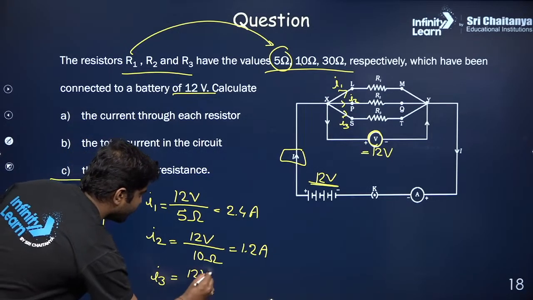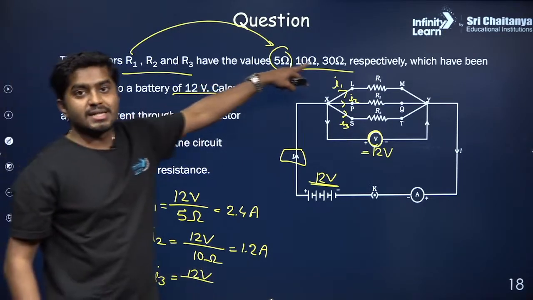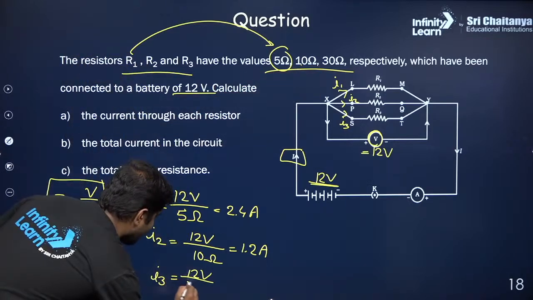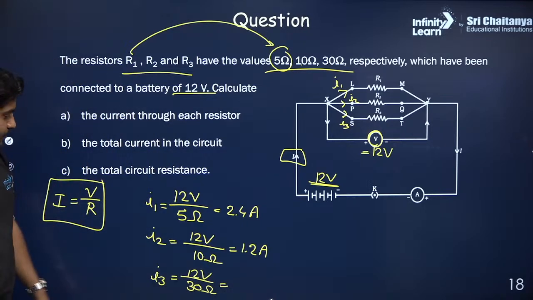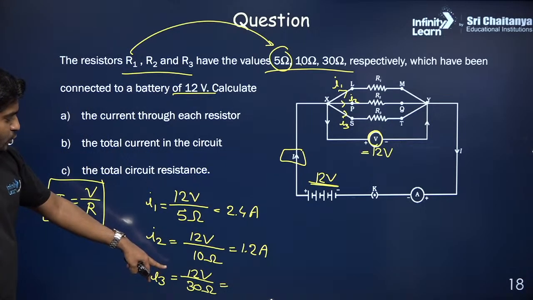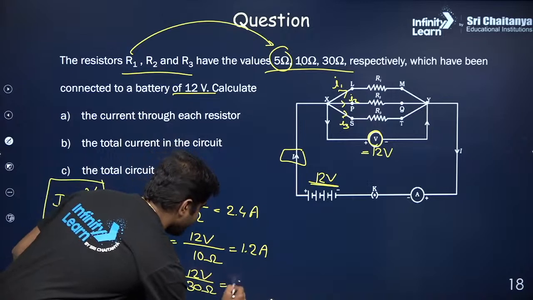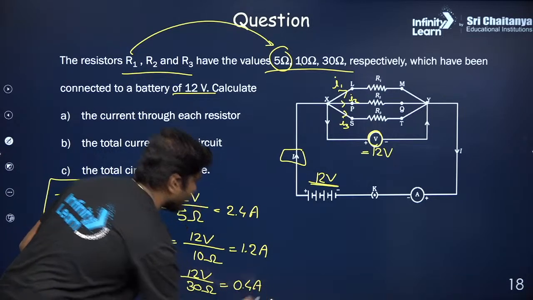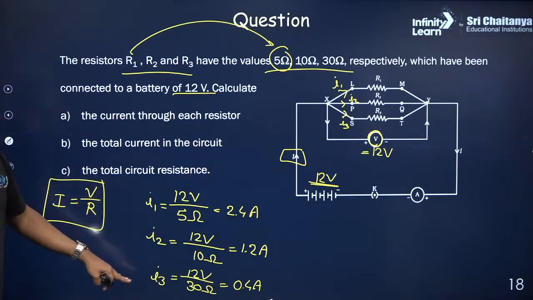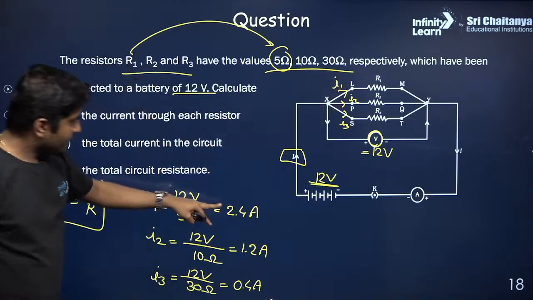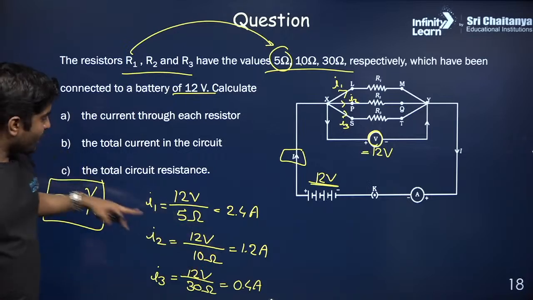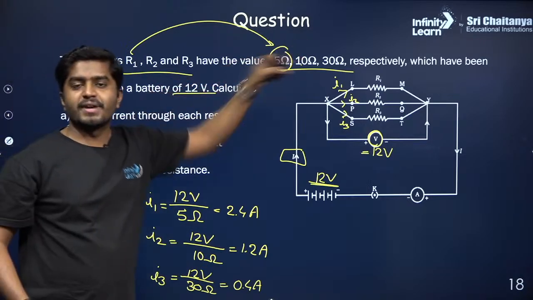I3 is 12 volts divided by R3, which is 30 ohms. 12 divided by 30 comes out to be how much? 1.2 divided by 3, which is 0.4 amperes. So these are the three currents. You see here, the current flowing through each parallel branch may be different because the resistance values are different.